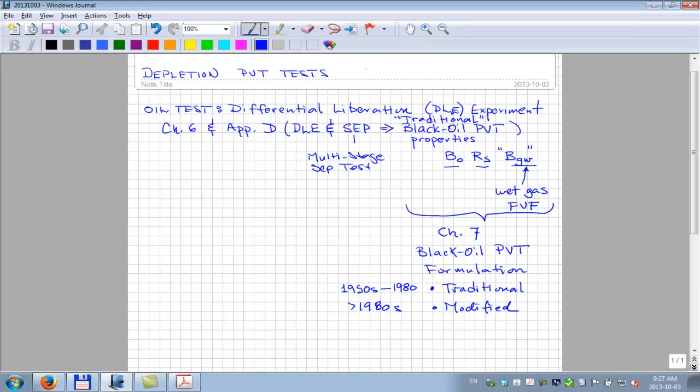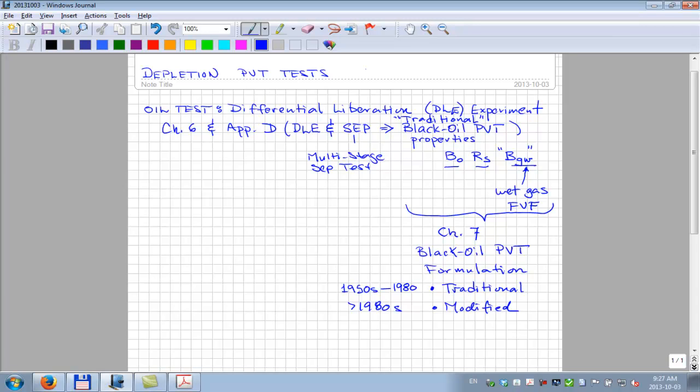Some software products, unfortunately, still only allow you to use the traditional black oil formulation, ignoring this important contribution from the gas phase. Prosper, for example, the Petroleum Experts program, the world's most used program for calculating pressure drop in pipe flow, does not allow you to use the correct modified or complete black oil PVT formulation.